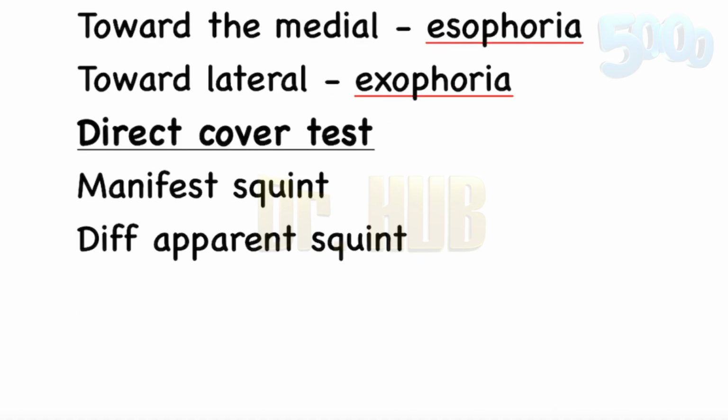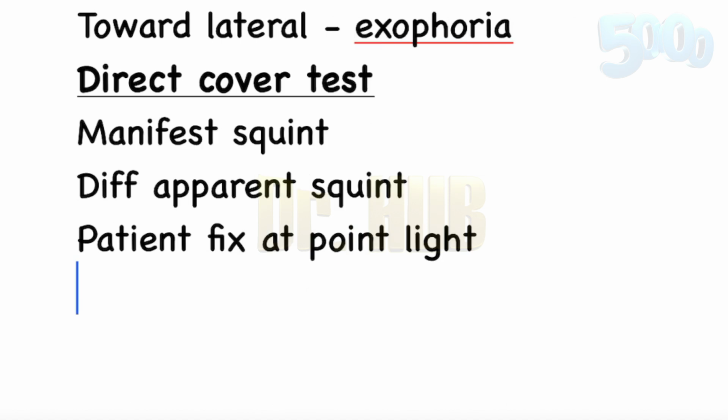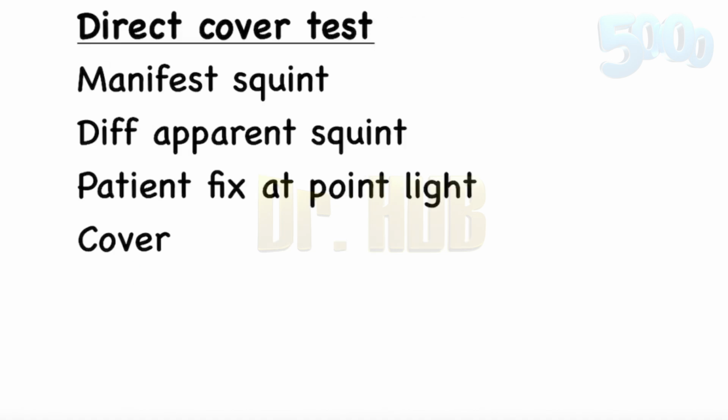The patient is asked to fixate at a point light. After that, the normal looking eye is covered. After covering, in a manifest squint, the uncovered eye will move in the opposite direction to take the fixation.